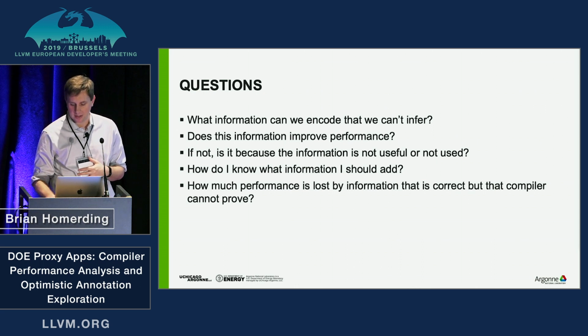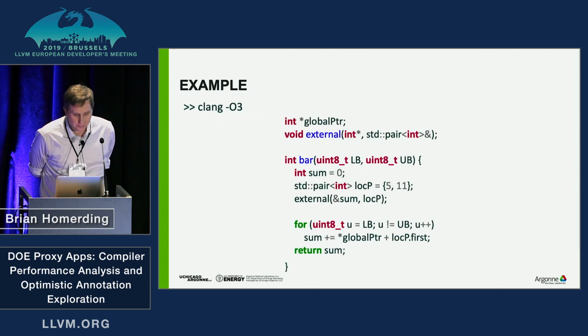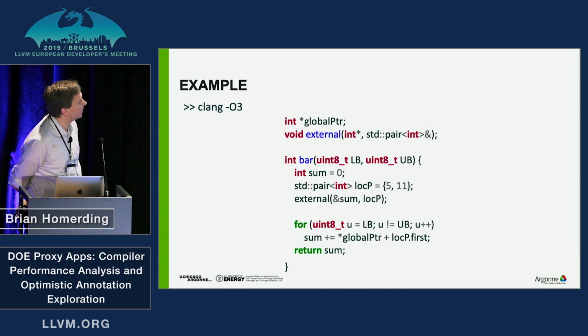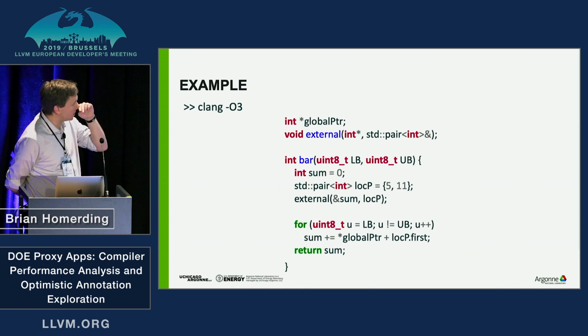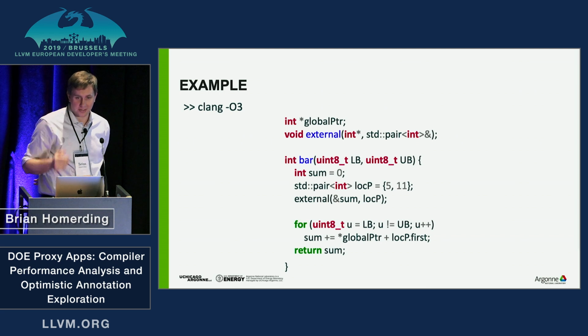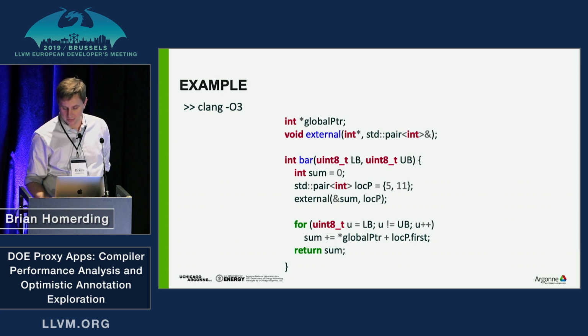So as another example of motivating this, we're going to look at this code segment here. Here we have an external function and a global pointer. We're going to call the function, and then we're going to collect into sum. Now, if we want to get a fully optimized version of this, we want to encode the information that we know as a developer.